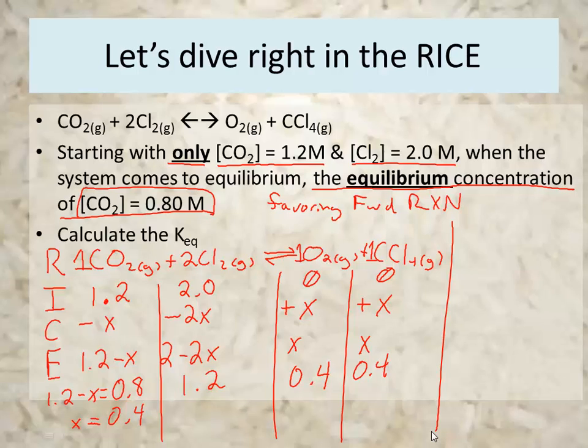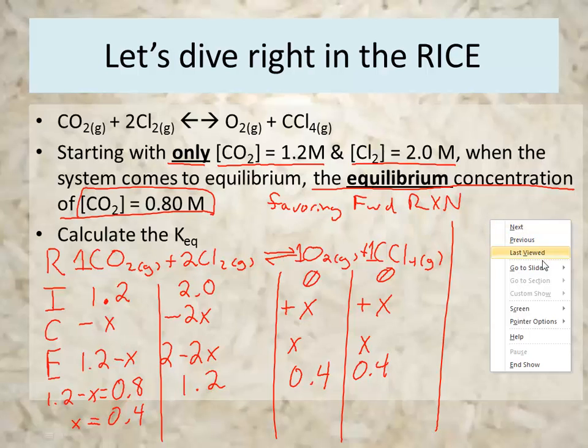It has to be 0.4. Decreased by 0.4. So since I know X, I know I started with 2. For every one of the CO2s, I've reacted 2 Cl2s. That's stoichiometry right there. So I can calculate that as 1.2. So now I can easily go calculate my KEQ.